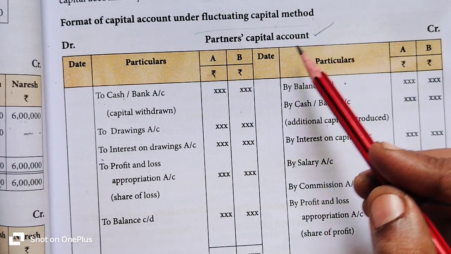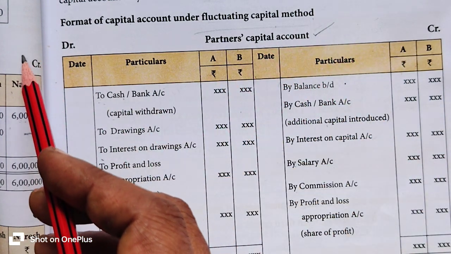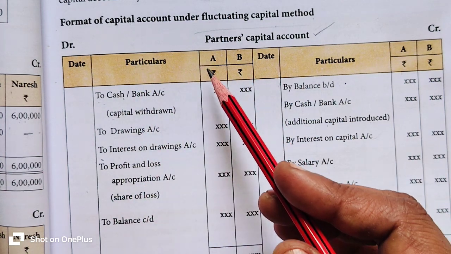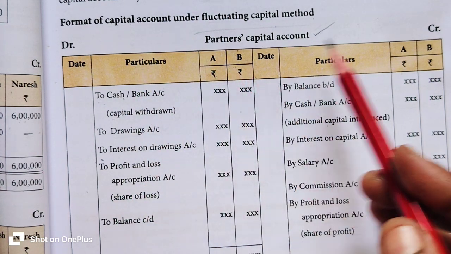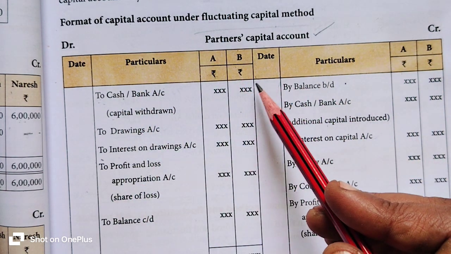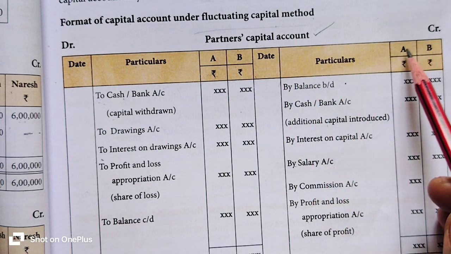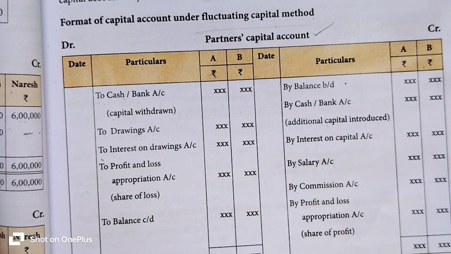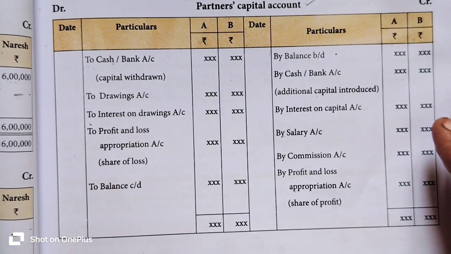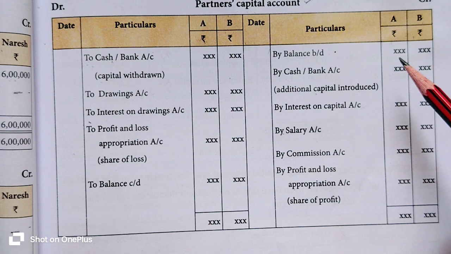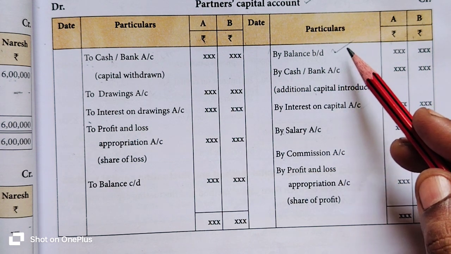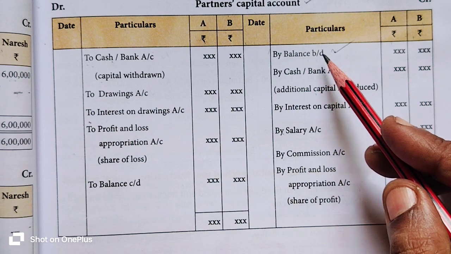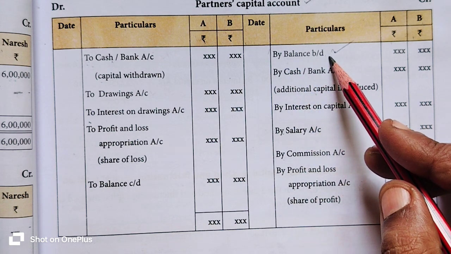The heading is partners capital account. On the left hand side, debit, date, particulars, and the respective partners' names we have to enter here. On the right hand side, credit, date, particulars, and the respective partners' names we have to record. Then the credit side transactions: the initial capital, that means the opening capital, we have to write by balance b/d.